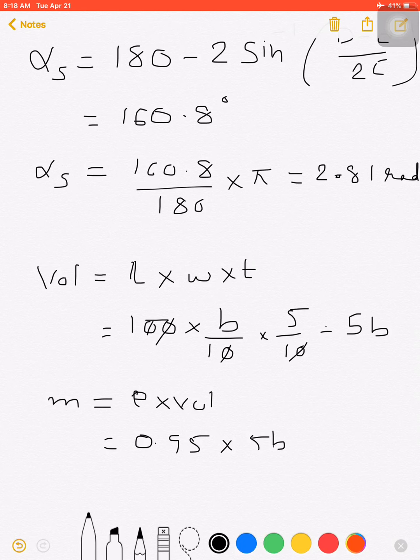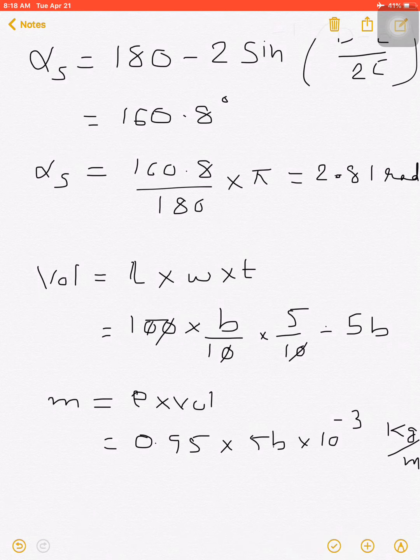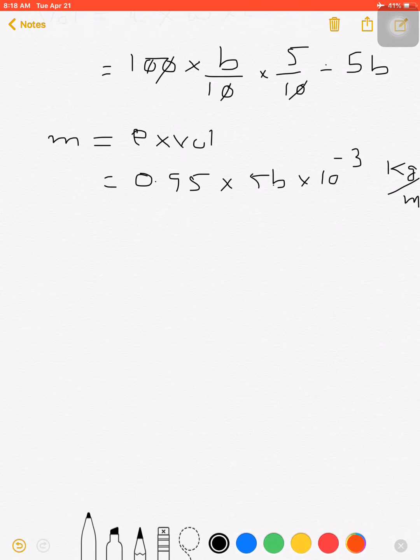If I convert into kg, you will get 10 to the power of minus 3 here, kg per meter. Now if you simplify this, you get 4.75 into 10 to the power of minus 3 b. Units are kg per meter.